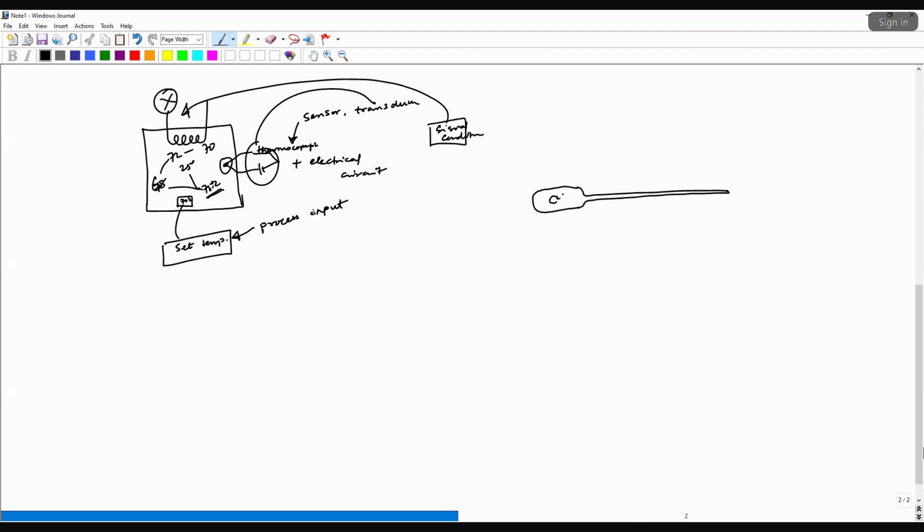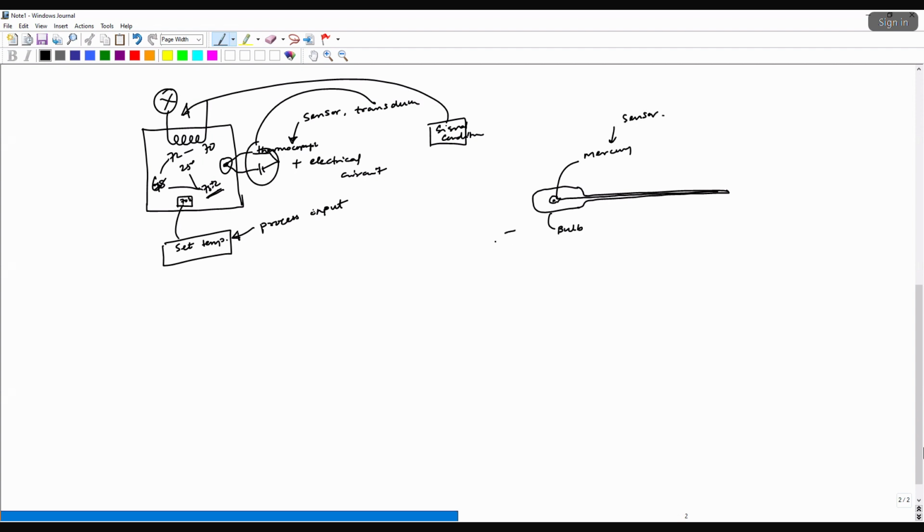Inside this bulb you have mercury, right? So here, this bulb is basically the process space, and here you have mercury, right? And that is basically your sensor.